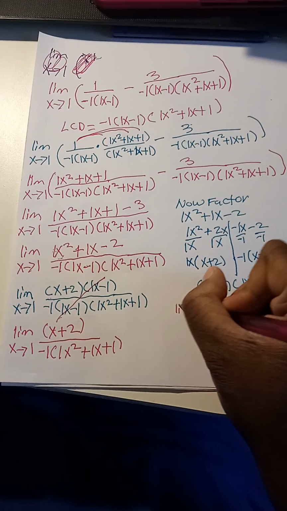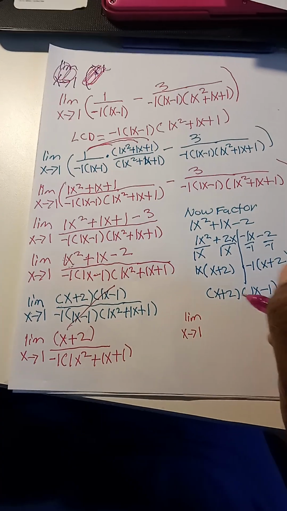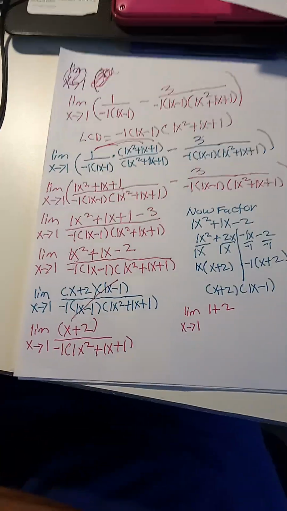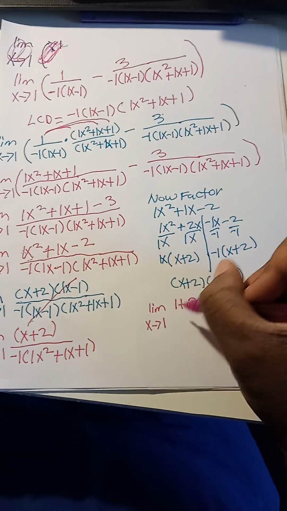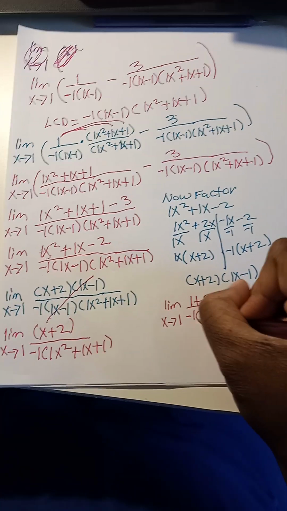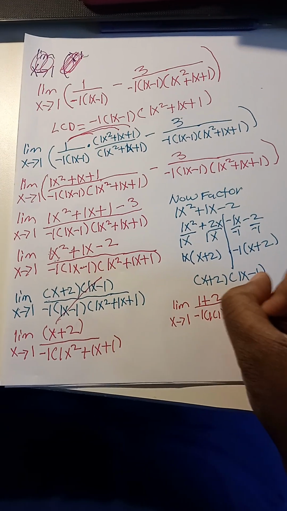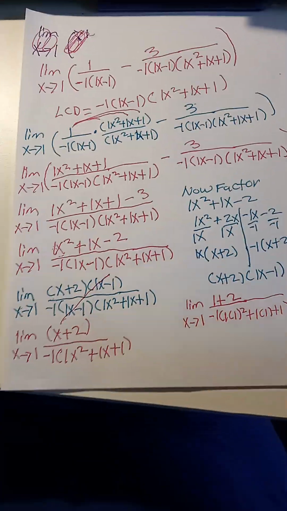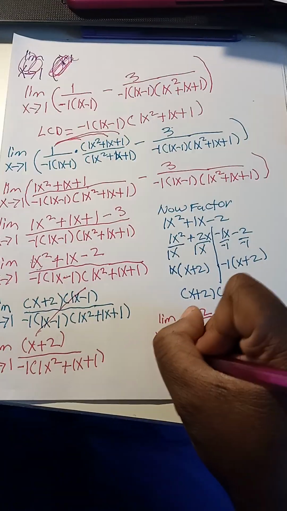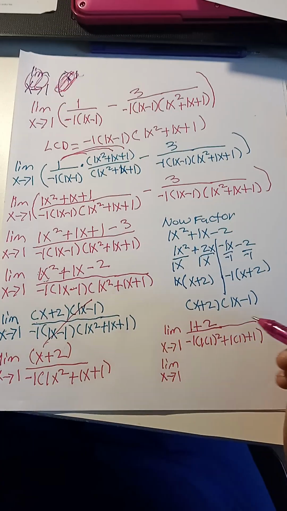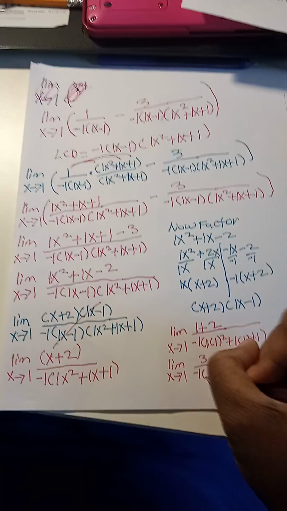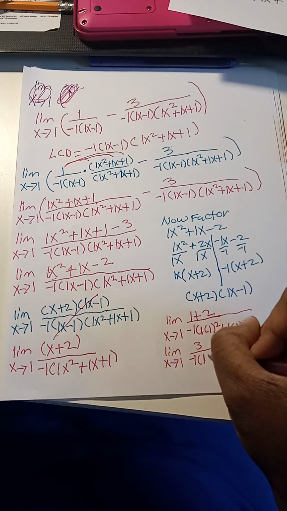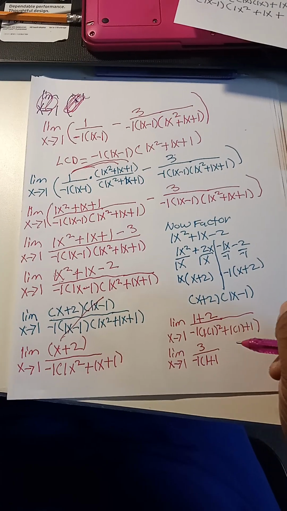So the limit of x goes to 1 of 1 plus 2 divided by negative 1 times 1 times 1 squared plus 1 times 1 plus 1 will yield us the limit of x goes to 1 of 3 over negative 1 times 1 squared is 1, plus 1 times 1 is 1, plus another 1 makes 2, I should say.